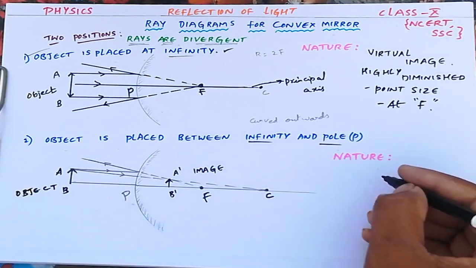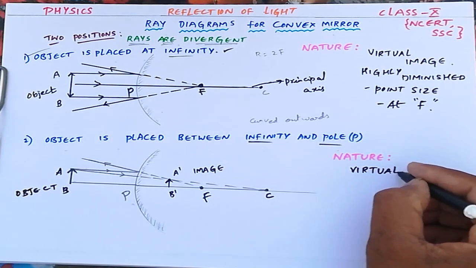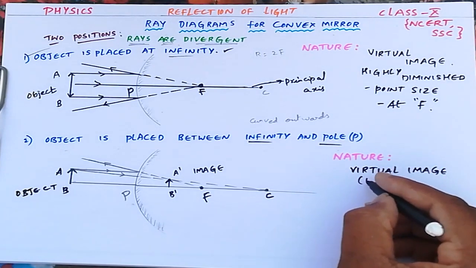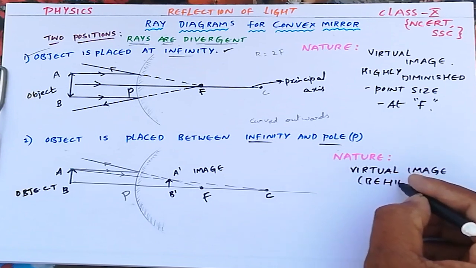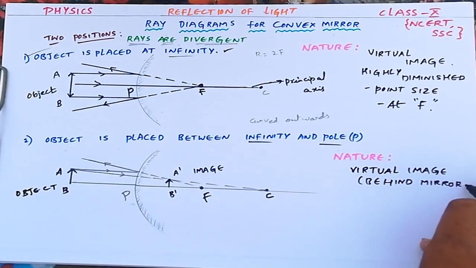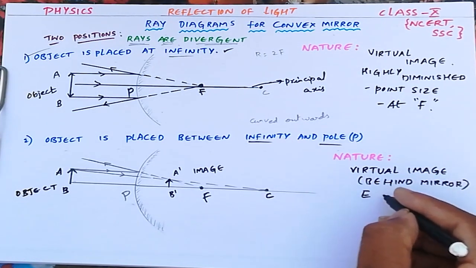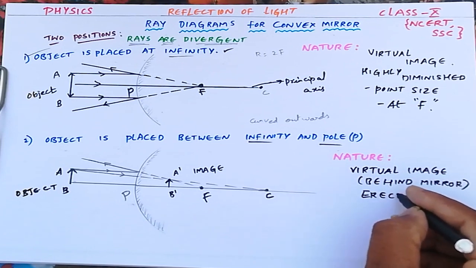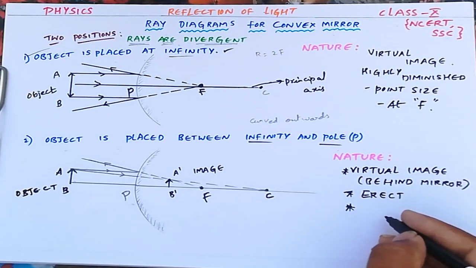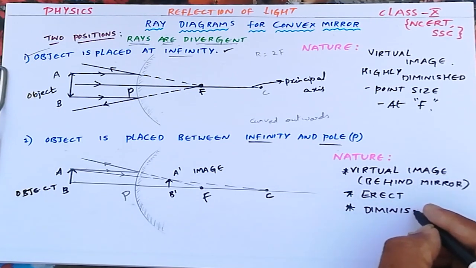Now the nature: this is a virtual image. We know behind the mirror is virtual image, that's why it is virtual. This is erect, not inverted. The image is erect and somewhat diminished.